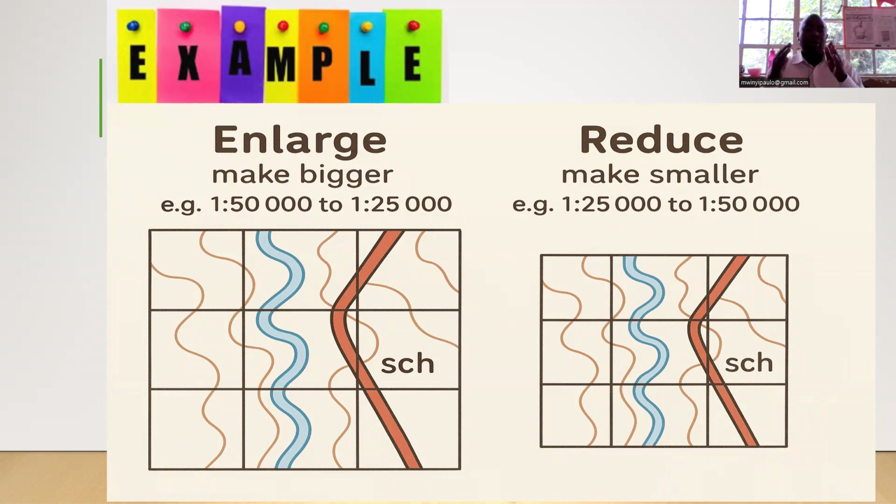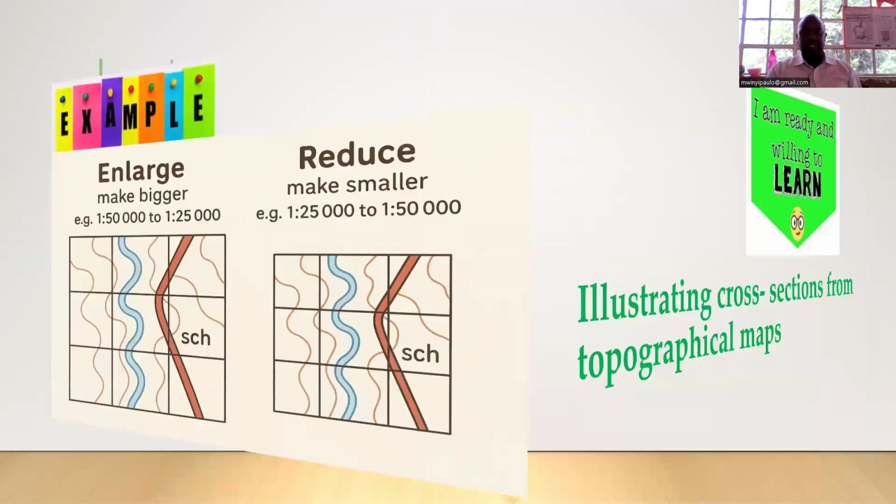My dear learner, I want you kindly to note this, because this is where most of our learners go wrong. They tend to assume that because you are enlarging, even the scale is going to enlarge, but it's the reverse. When enlarging, the scale becomes smaller, and when you are reducing, the scale becomes larger. Good.